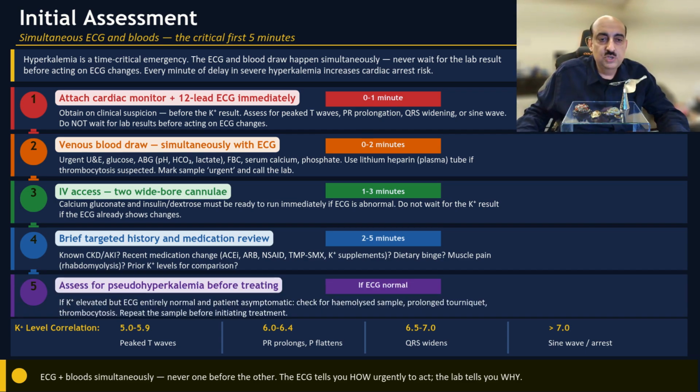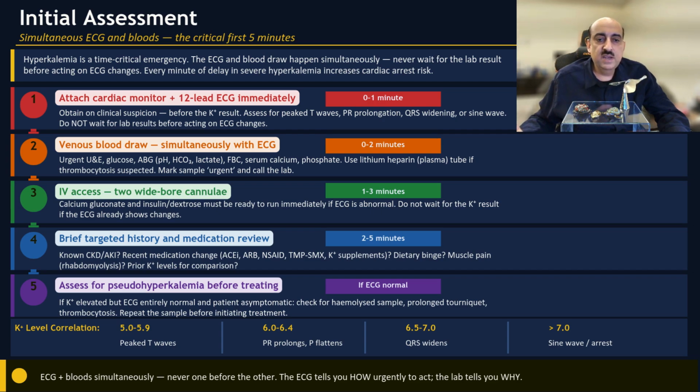Finally, it's really crucial to also think about pseudohyperkalemia. If you're worried that the sample may be hemolyzed, a lot of times it happens when the GPs send the patient's blood test result through their health center to the hospital. There's a lag, maybe 4 to 6 hours of delay, and that leads to subtle hemolysis, that leads to a spurious reading.